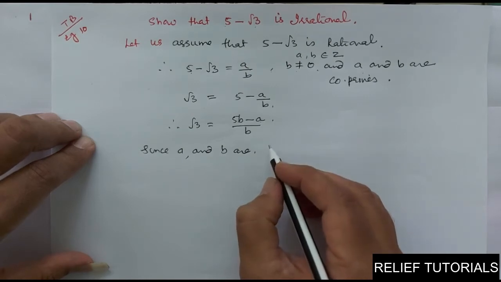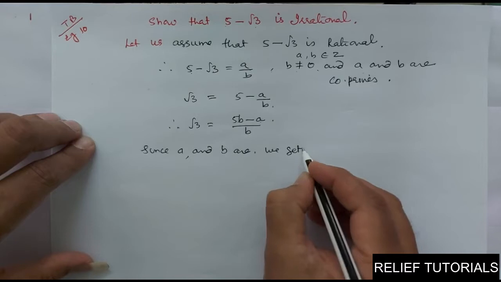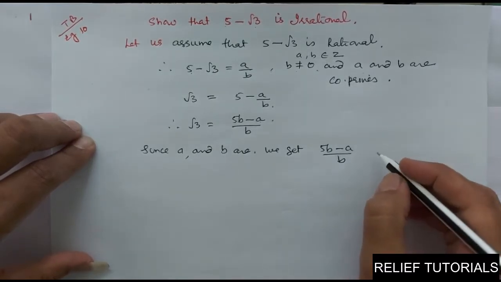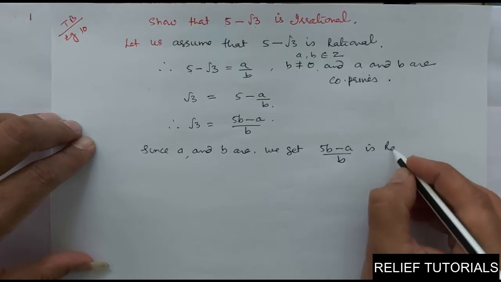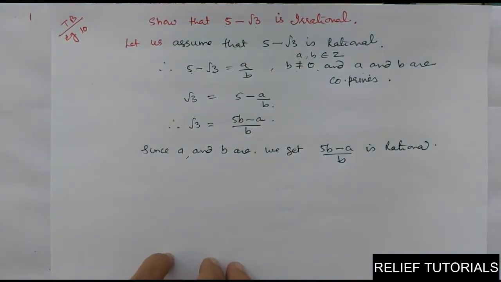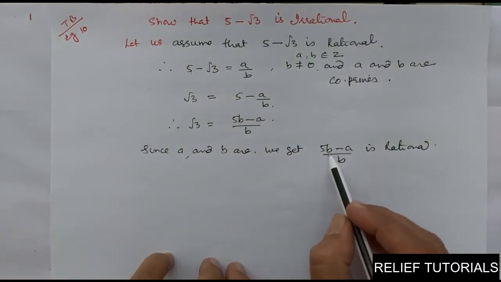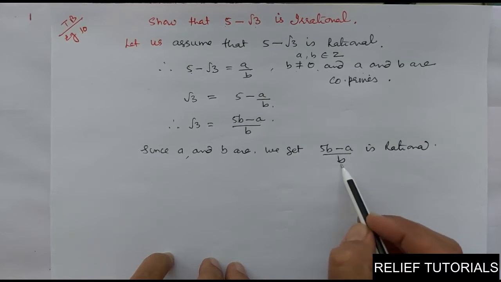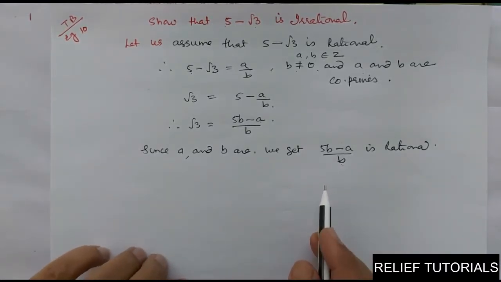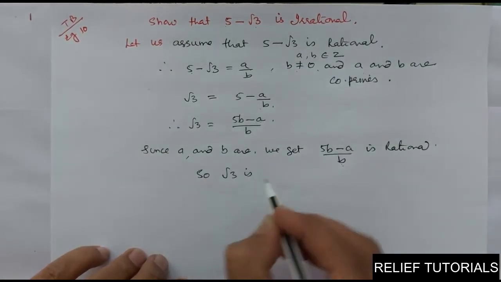So we get 5b minus a upon b is rational. Clear? So it is of the form p upon q, so it is rational. So we can say root 3 is also rational.